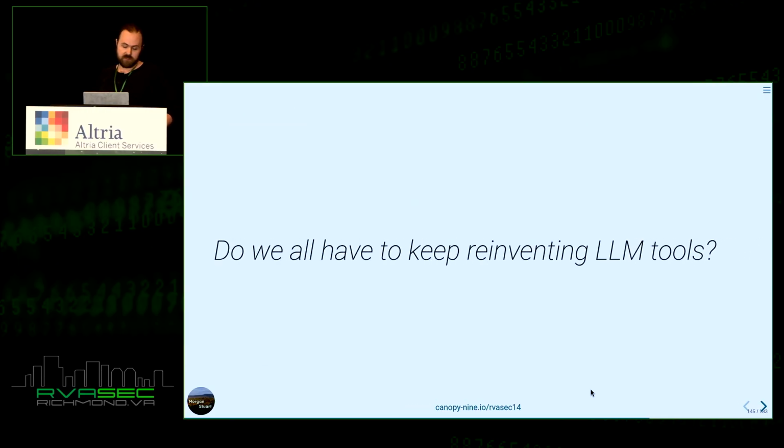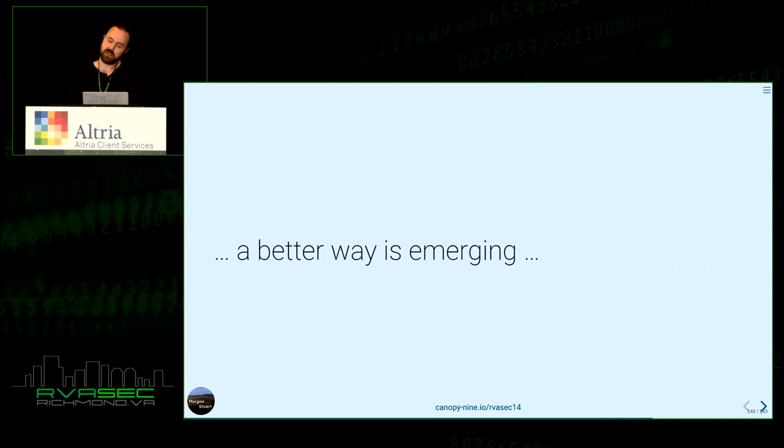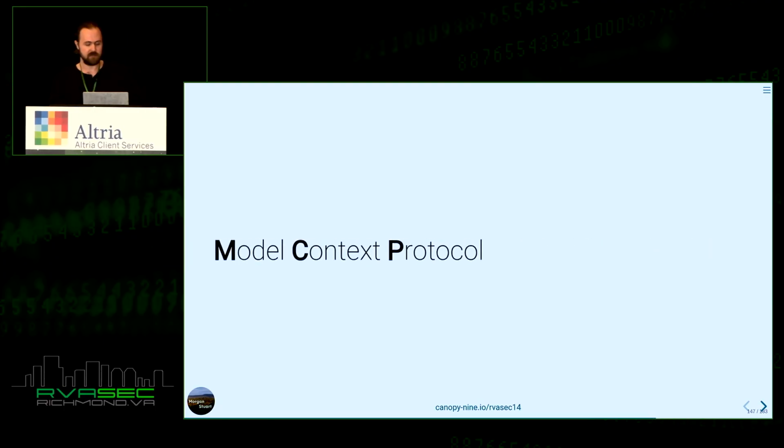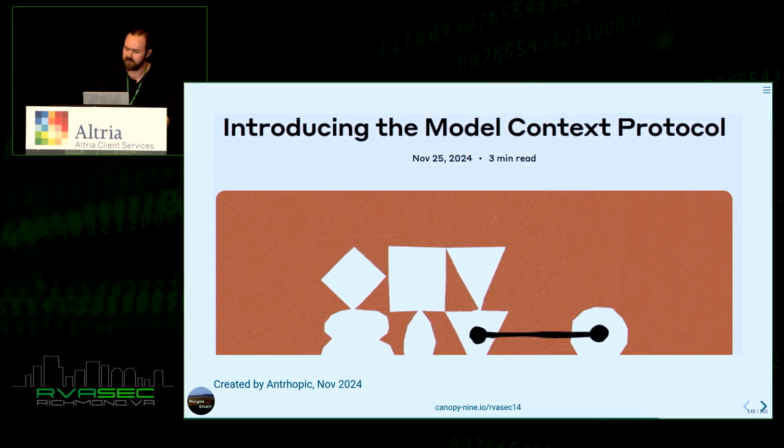So do we have to keep reinventing all these LLM tools? Do we all have to write our own little thing to move forward? No, something else is coming out. I don't know that it's better, but it's something. And that's the Model Context Protocol, or MCP. This was announced late last year by Anthropic.